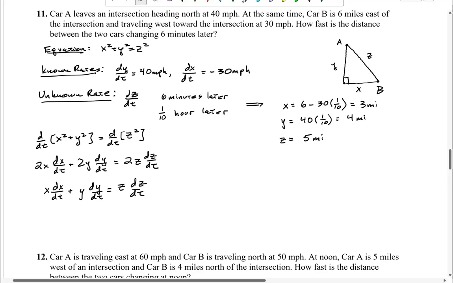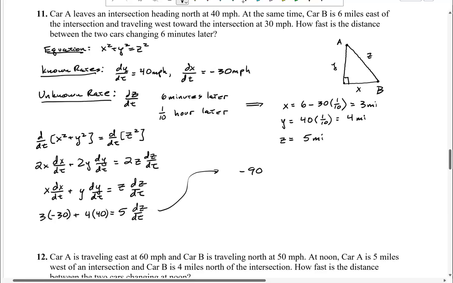Now we'll plug in everything that we were given and figured out above. So we found that x is 3 miles, dx/dt is negative 30, y is 4 miles, dy/dt is 40, and z is 5 miles, and we're finding dz/dt.